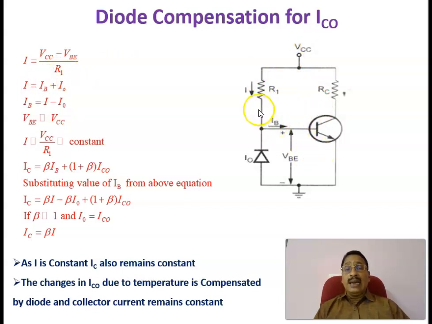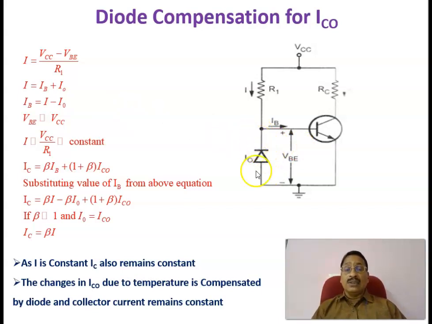And this current I is equal to IB, the base current, plus, if you apply Kirchhoff's current law to this junction, this current represented as I0, the reverse saturation current of the diode, flowing in the reverse direction.